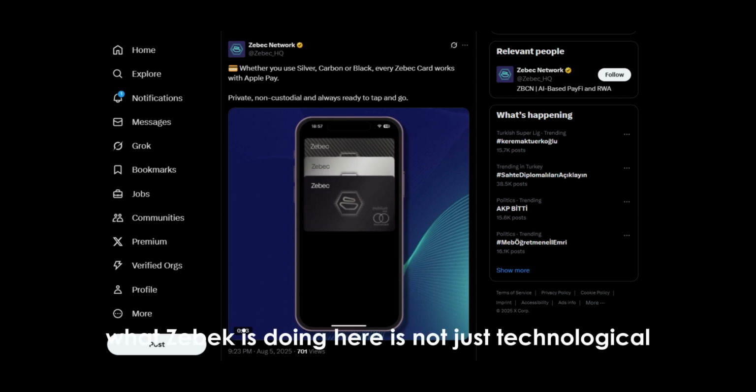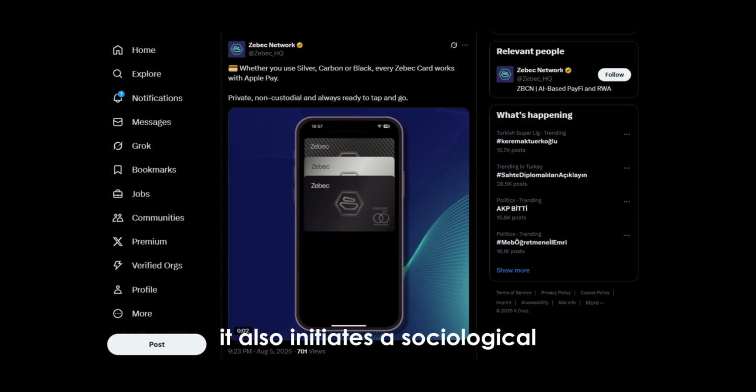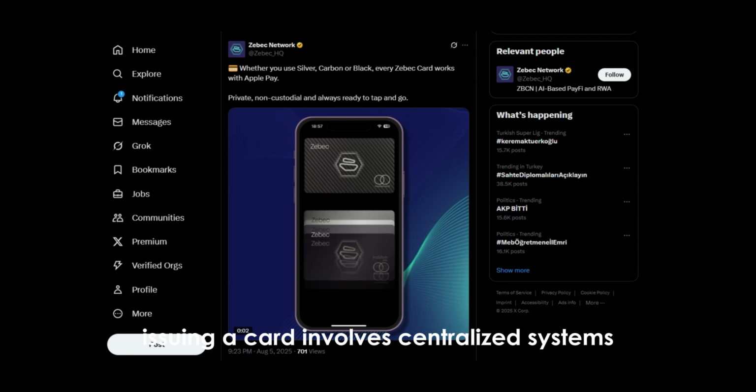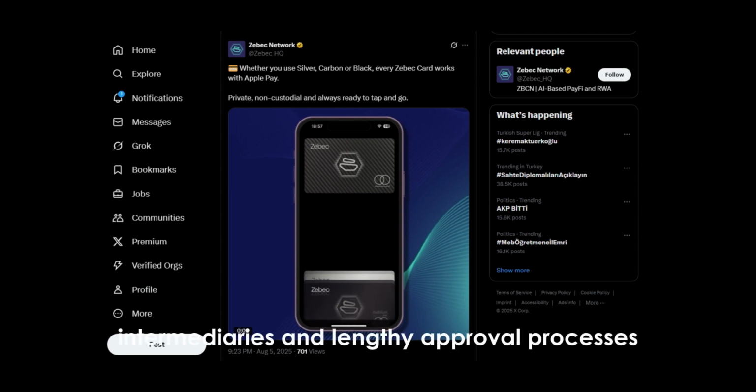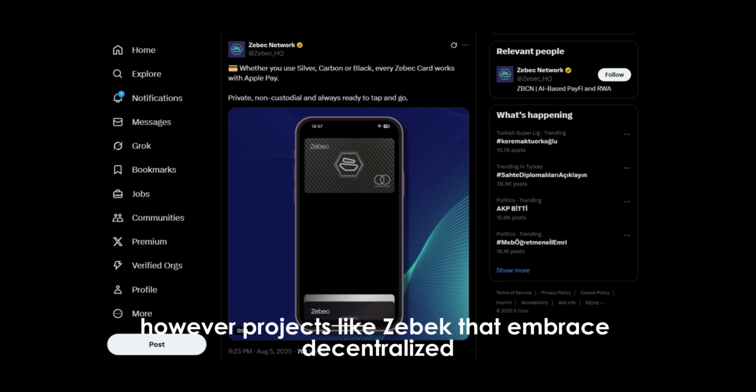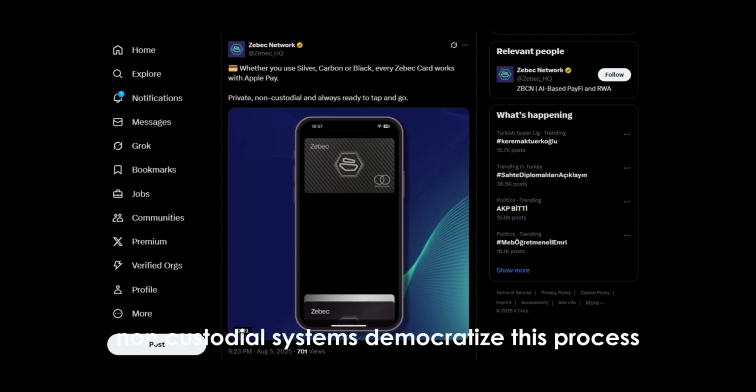What Zebec is doing here is not just technological, it also initiates a sociological and economic transformation. In traditional banking, issuing a card involves centralized systems, intermediaries, and lengthy approval processes. However, projects like Zebec that embrace decentralized, non-custodial systems democratize this process.